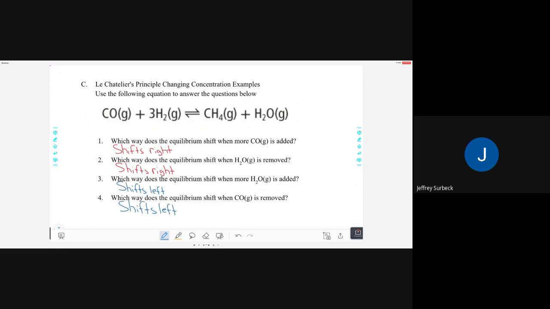So if you remove it, it shifts to the same side; when you add it, it shifts to the opposite. Yeah, add opposite, remove same. Good question. Any other questions? Okay, does anybody still need this?